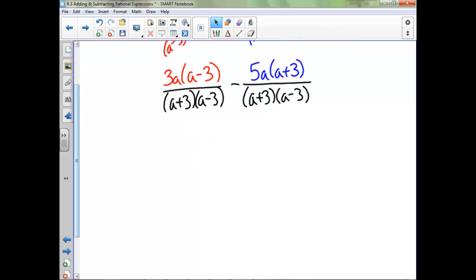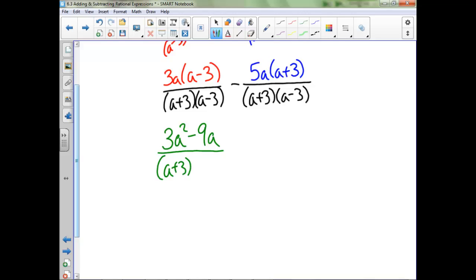And so let's start by distributing. So we get 3a squared minus 9a over a plus 3 times a minus 3. And then in our numerator here, we'll have 5a squared plus 15a, and once again, over a plus 3, a minus 3.